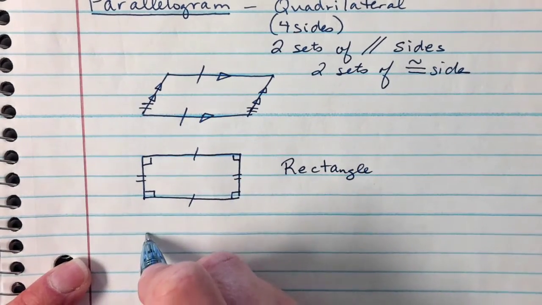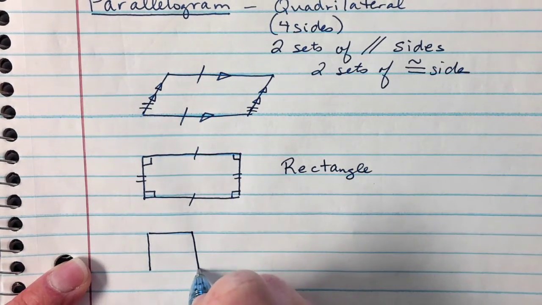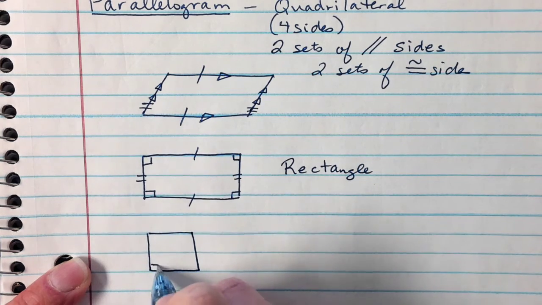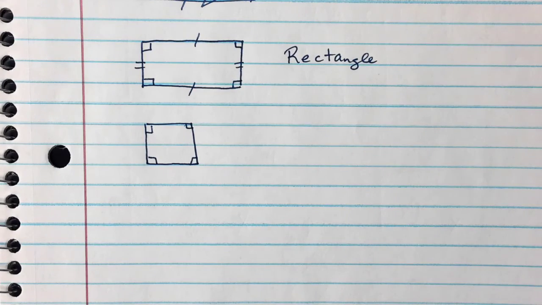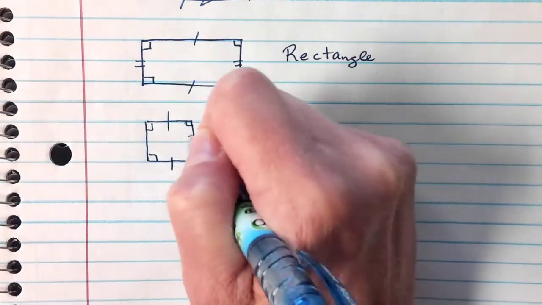Now the next one I'm going to draw is also a parallelogram, but it's a special parallelogram. It starts off looking a lot like a rectangle with 4 right angles.